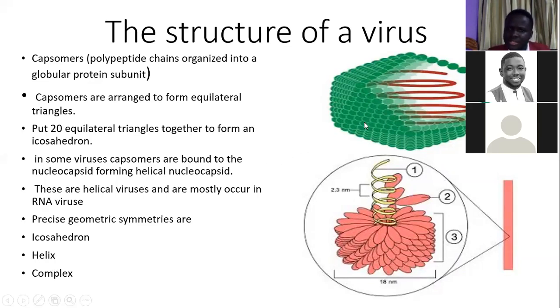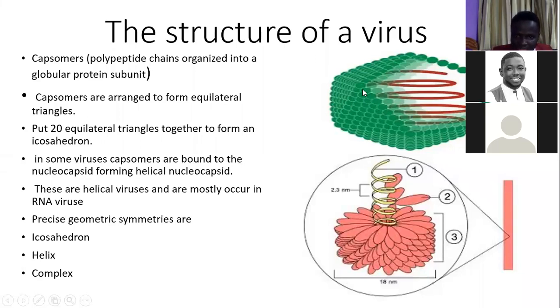When you take the icosahedral shape, how are we going to see that this virus has an icosahedral shape? These individual protein subunits called capsomeres, you can count 1, 2, 3, 4, 5, 6, 7 in this order. In some viruses, the capsomeres are arranged in an equilateral triangle.